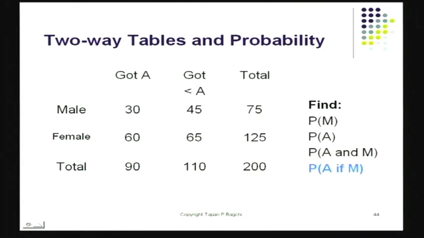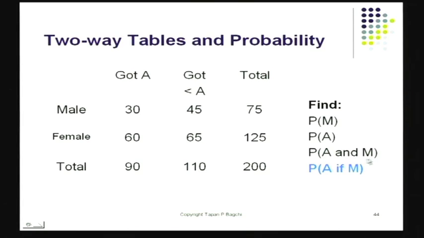The questions being raised are what we had before: what is the probability that a randomly picked student is male, or scored A, and what is the probability that the person I picked is male and he scored A? That immediately tells us this is a matter of intersection.